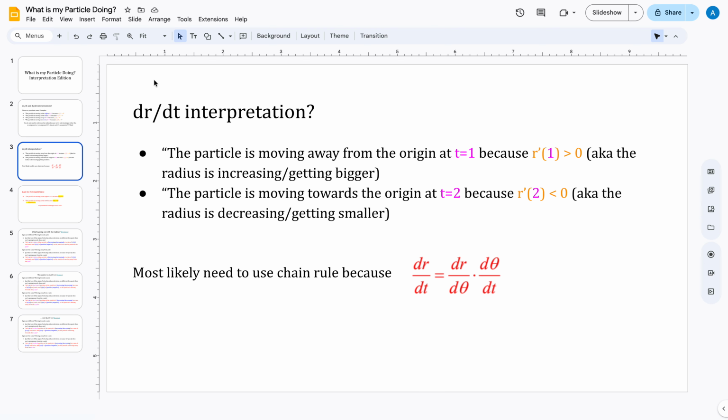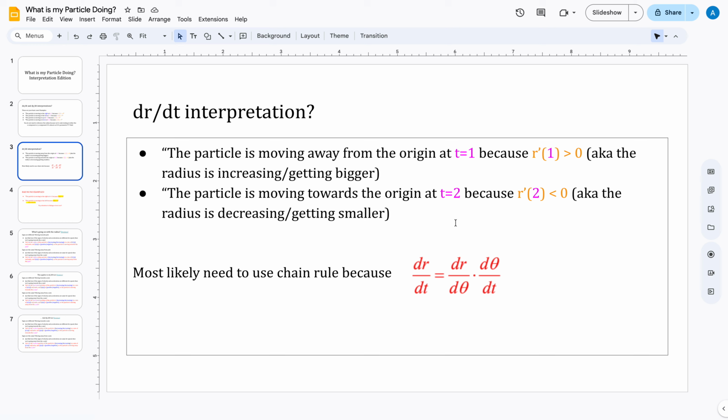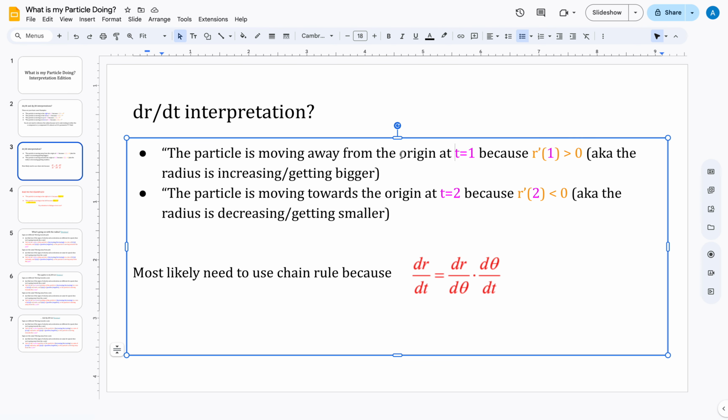Or the particle is moving towards the origin, aka the radius is decreasing or getting smaller. So then you would say it's moving away from the origin at time t is equal to 1 because r prime of 1 is greater than 0, the radius is getting bigger, or r prime of 2 is less than 0 because the radius is getting smaller.